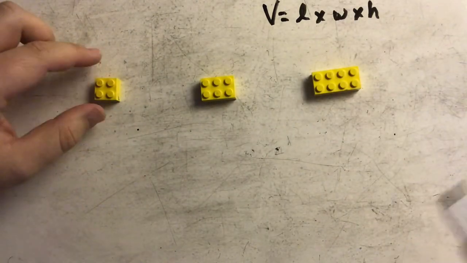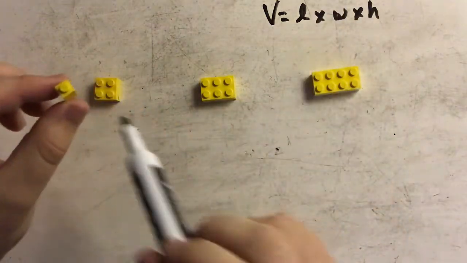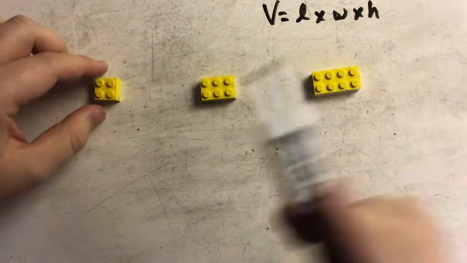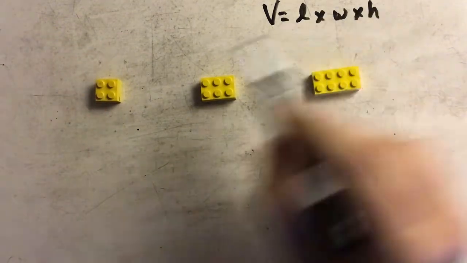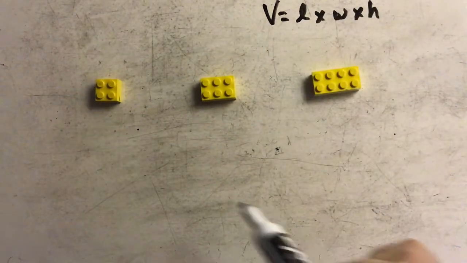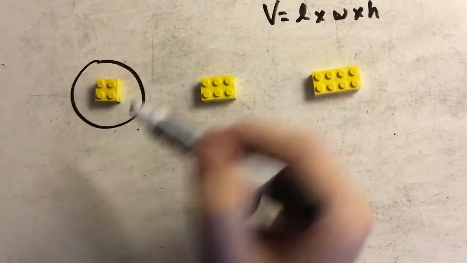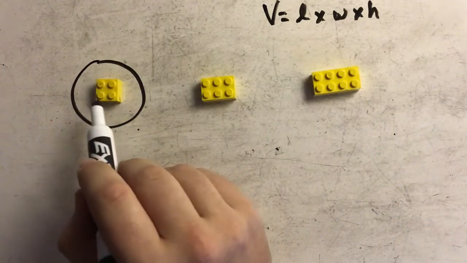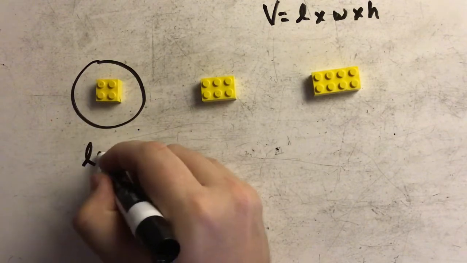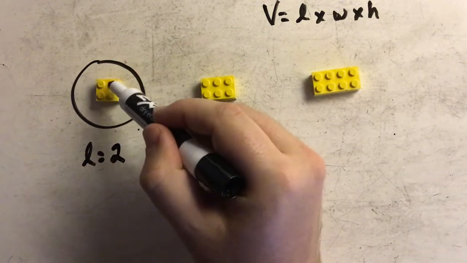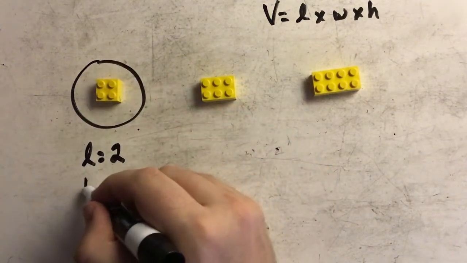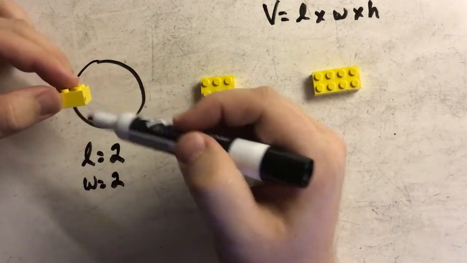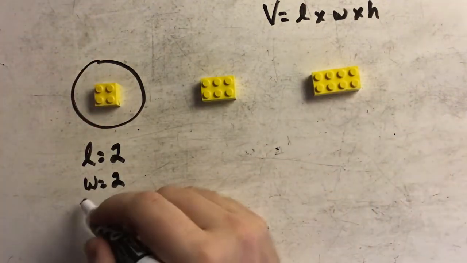If we look at just one of these pegs as one cubic unit, we can find the length, the width, and the height for each object. Let's start with the first one. It has a length of 2 units, a width of 2 units, and the height is simply 1 unit. It only goes up 1.